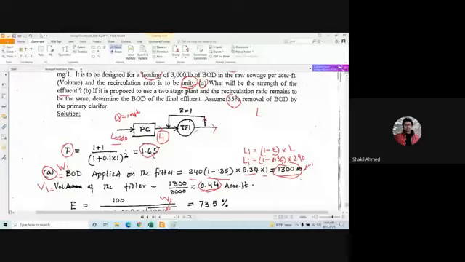Now this is easy. Strength of the effluent, Le.